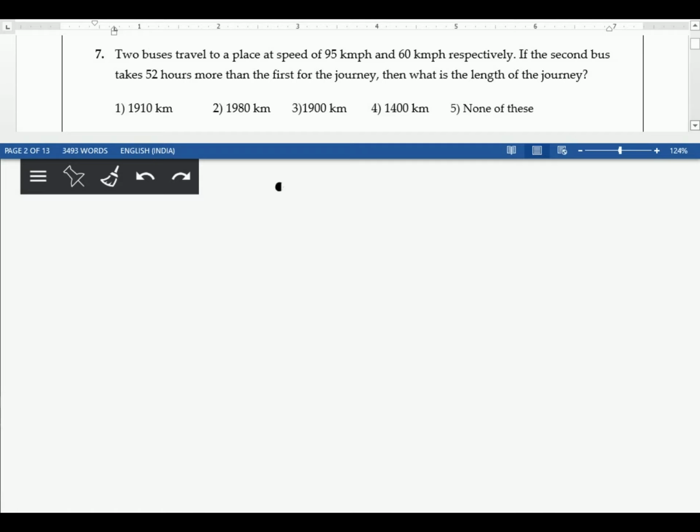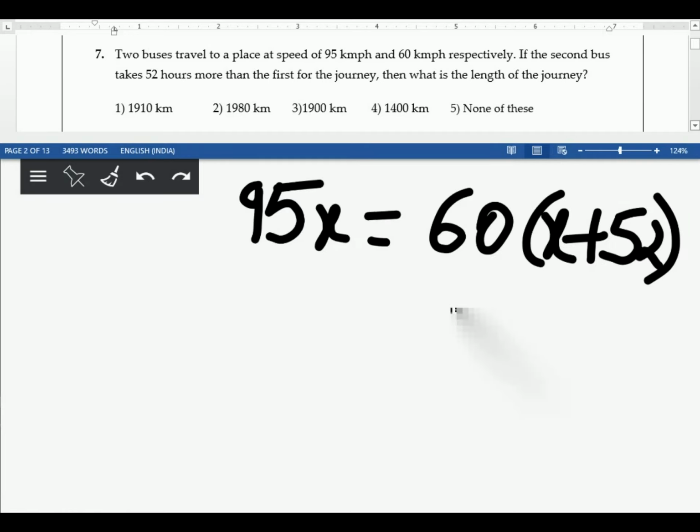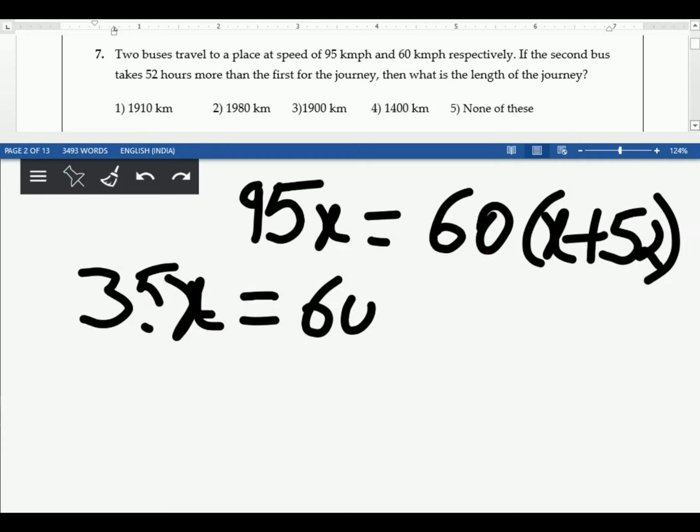For the first bus it takes x hours, let us assume, and for the second bus it takes x plus 52 hours. From this we have 35x is equal to 60 into 52.